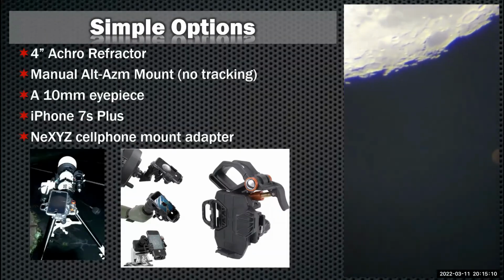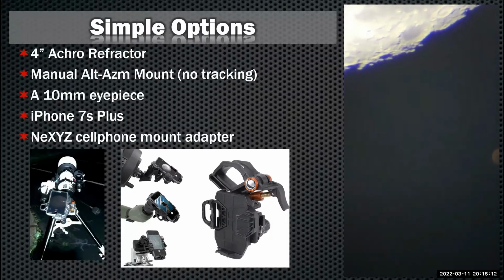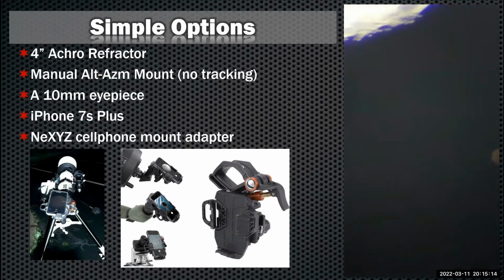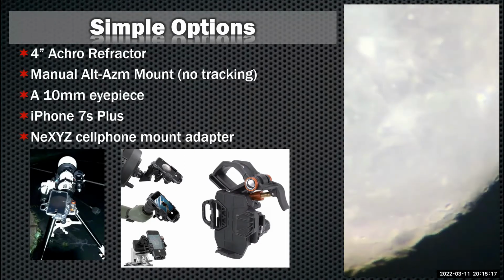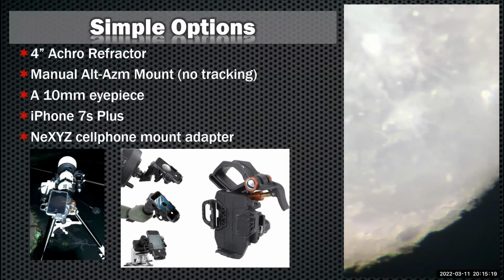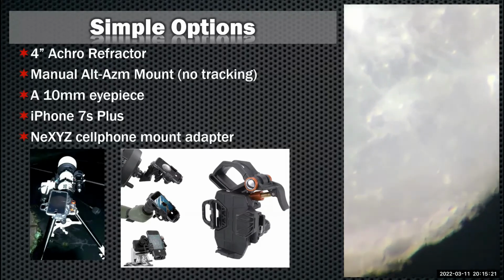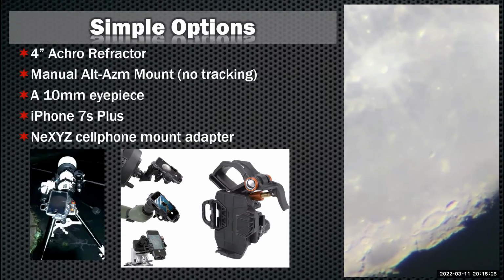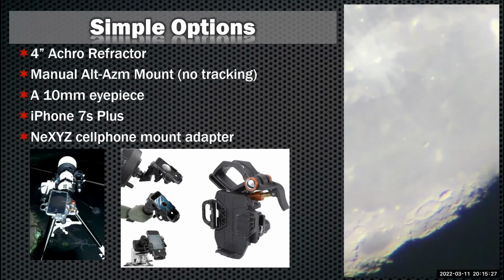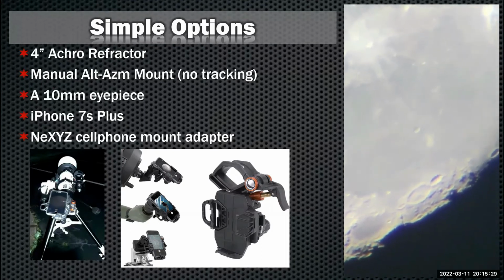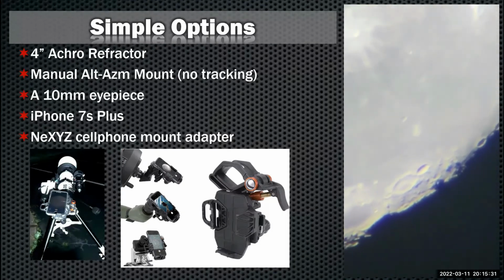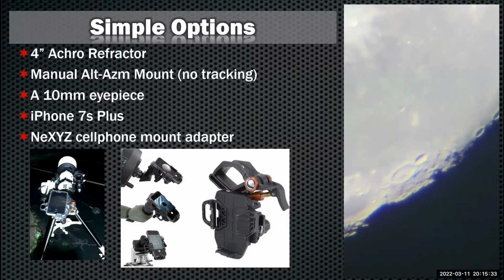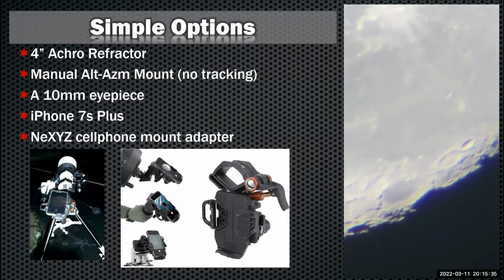And last but not least, there are much simpler options. This is something I did with my 4-inch refractor on a manual Alt-Az mount, you can see as this thing is shaking. Here I am zooming in on the moon, just pinching the view on my iPhone 7 at the time, and you can definitely see when I start to really turn the knobs on the mount, you start to get a lot of jumping.